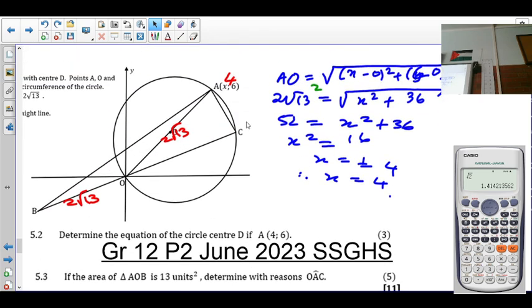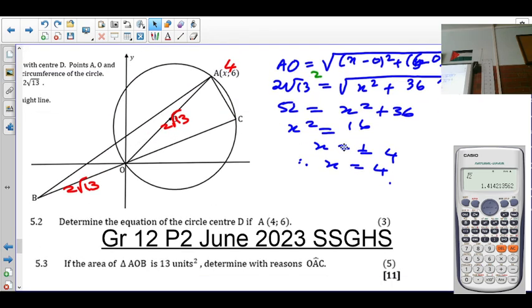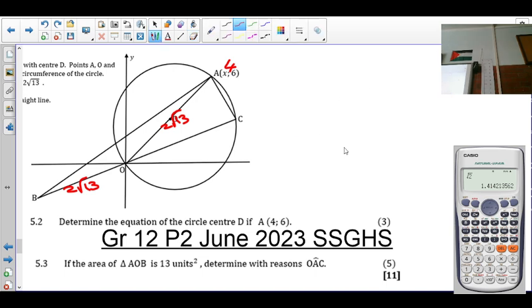So 5.2 says, determine the equation of the circle center D if A is (4; 6). That now also confirms my x value for A. And again people, if you got a different value for x in 5.1, don't use your wrong value, or the value you think is right.